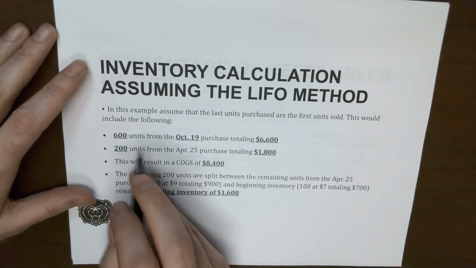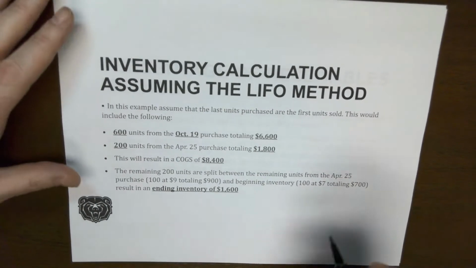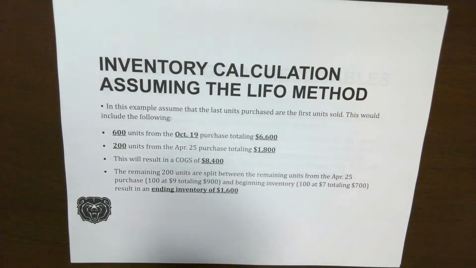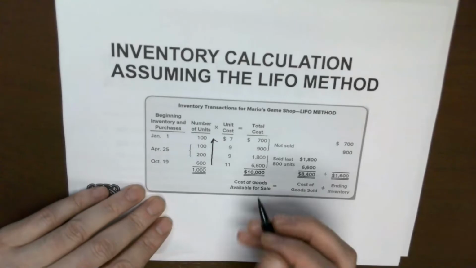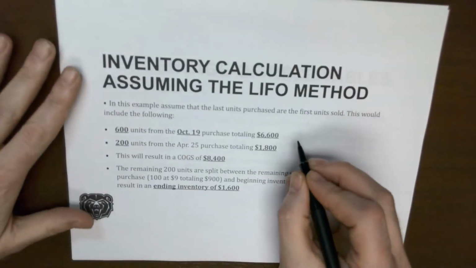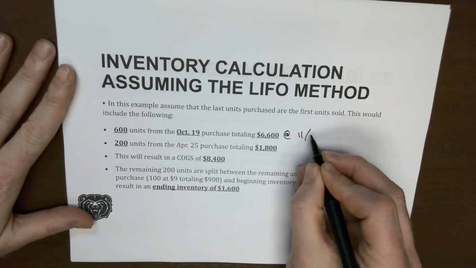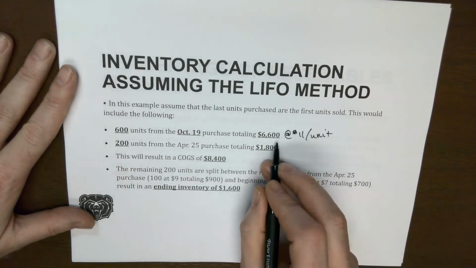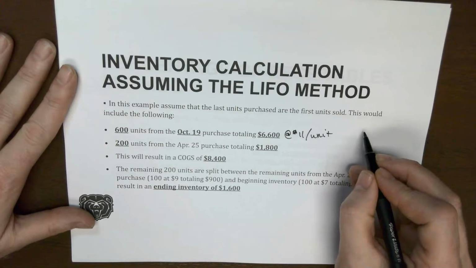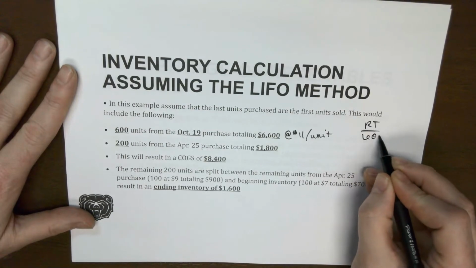We're going to sell 600 units from the October 19th purchase. That's going to be $6,600 total, so we paid $11 per unit for those. That is a running total right now of 600 units.